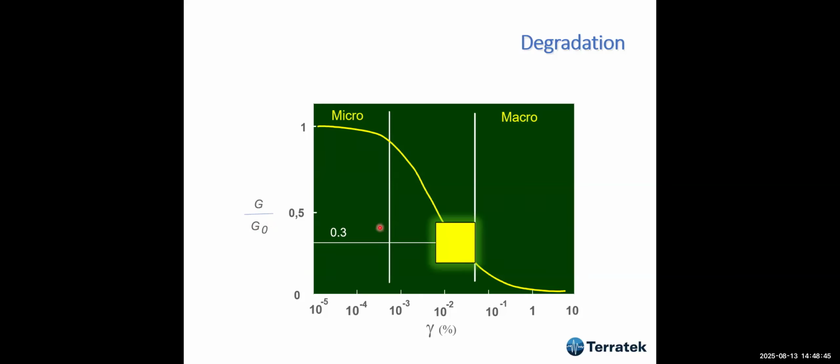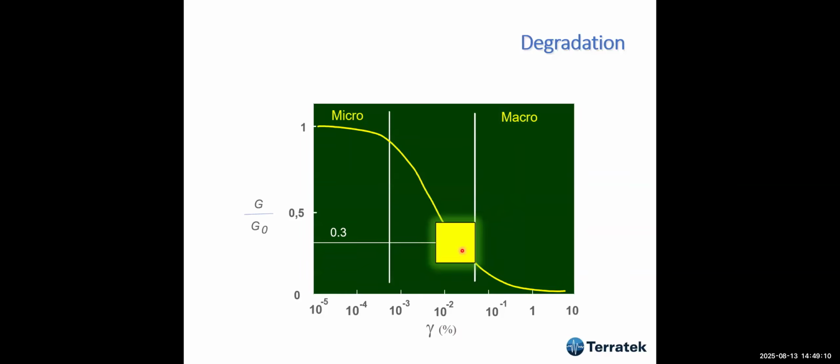And this we can separate into three areas: between 10 to the minus 5 and 10 to the minus 3 of gamma, or shear deformation, we have the micro deformation domain, here is the mid, and then here we have the macro deformation domain.